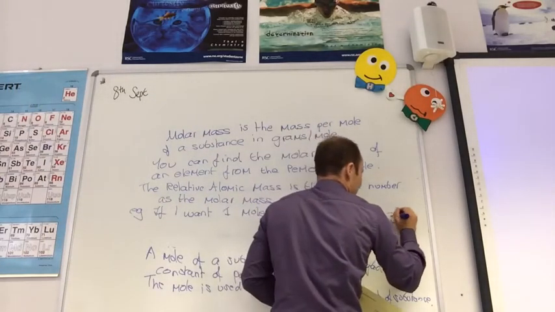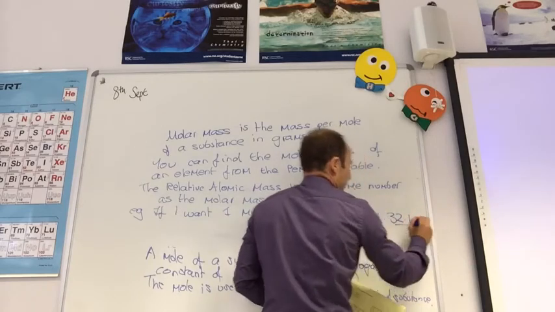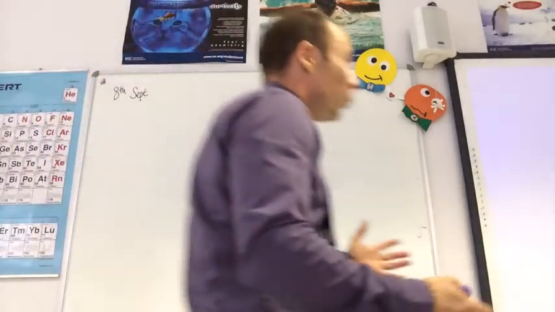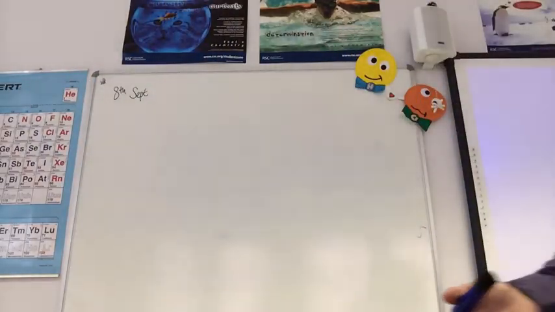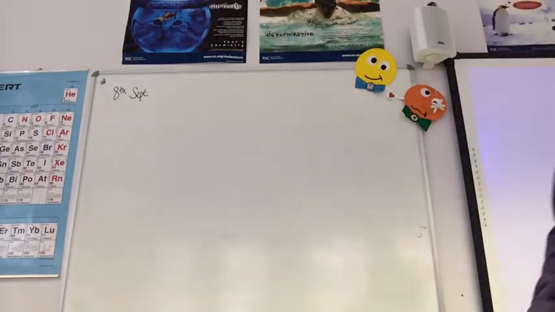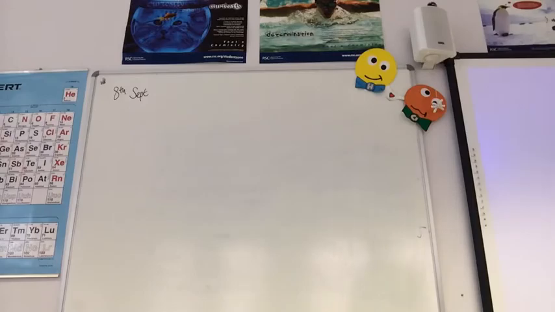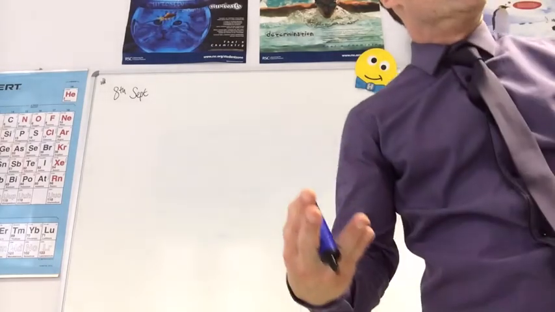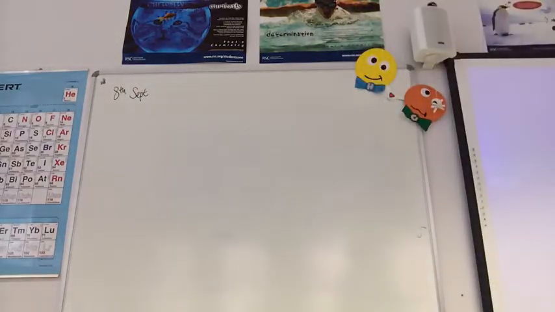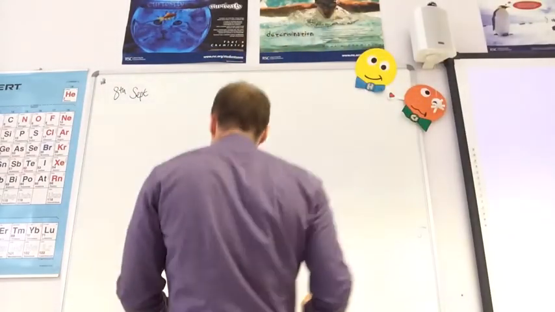So I need 32.1 grams of it. Sometimes we don't want 1 mole. It'd be bonkers to always have to use 1 mole of everything, to have to use 32.1 grams of sulfur. We'd get through the sulfur like there's no tomorrow, bankrupt the school. So sometimes we want to use half a mole. We don't want to use quite that much.